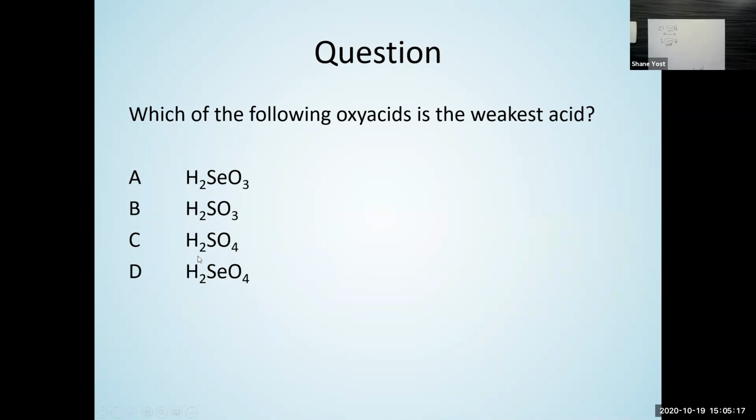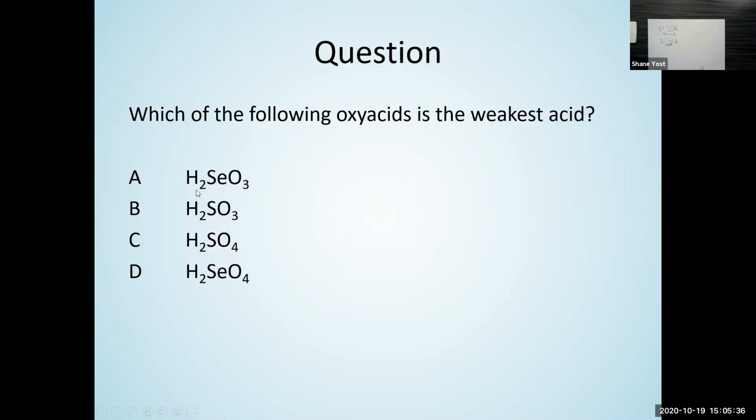So if I had to list these in terms of acidic strength here, H2SO4 is the strongest acid. Then I'd have H2SO3, then H2SeO4, and H2SeO3. Okay?